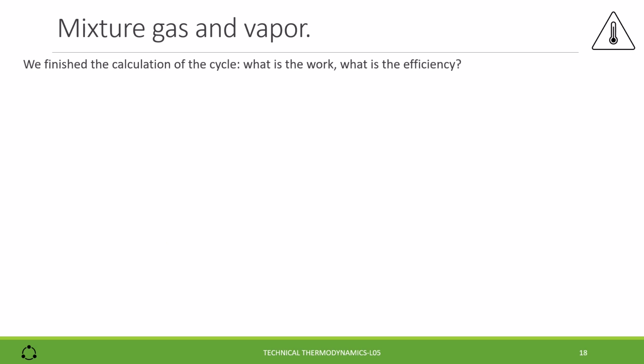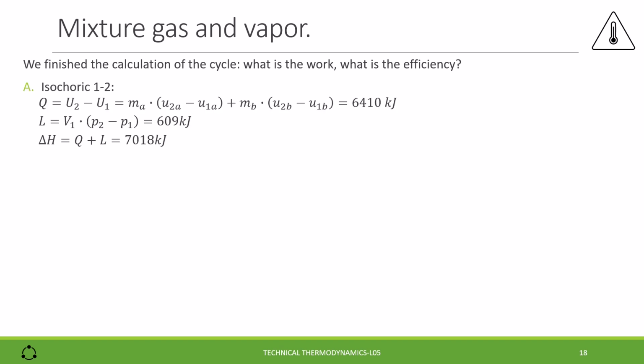We finish now with the calculation of the cycle. What is the work and what is the efficiency? For the transformation A, isochoric from 1 to 2, the heat is the difference of the internal energy, that is the sum of the difference of the specific internal energy for the gas A into the mass and the difference of the specific internal energy of the gas B into the mass, we find 6,410 kJ.